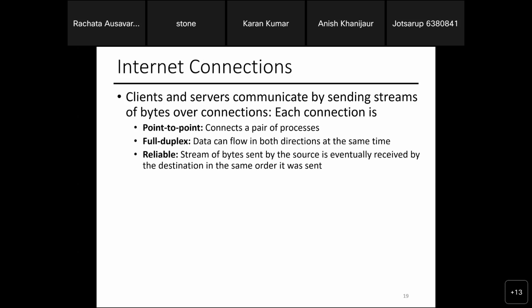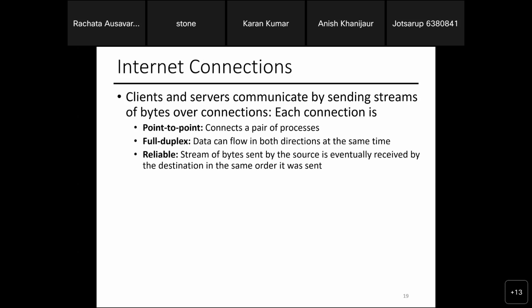If you stream 10 bytes, those 10 bytes will eventually be at the destination. Keyword, eventually. It doesn't mean that it will go there directly right now, but eventually they will arrive. The second thing that's important, they should be in the same order.